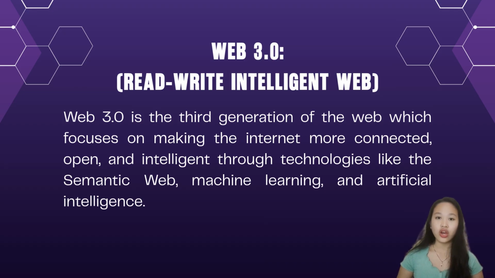Unlike Web 2, where humans mostly interact and create data, Web 3 aims to make the web itself understand information, allowing systems, machines, and devices to process content in a way that makes sense. This means the internet will not just store data but actually understand what the data means and use it intelligently.